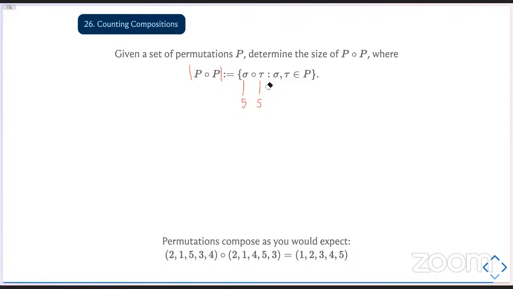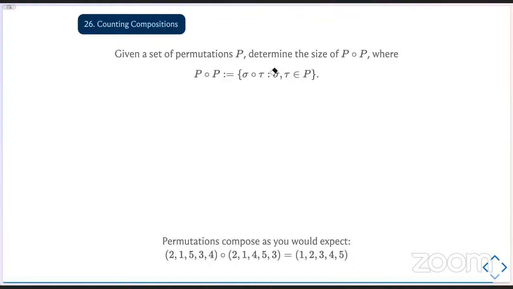More generally, if you have a subgroup of the permutation group, then you're not going to see anything new because subgroups have closure under composition. So if you compose things from a subset of permutations, which is a subgroup, you're not going to be generating anything new. So that's one extreme where it can be as small as the size of P.